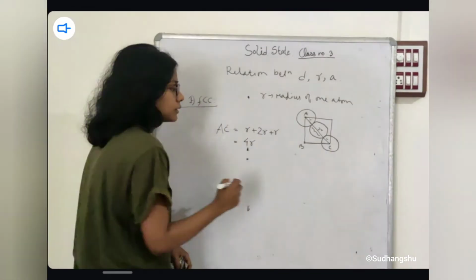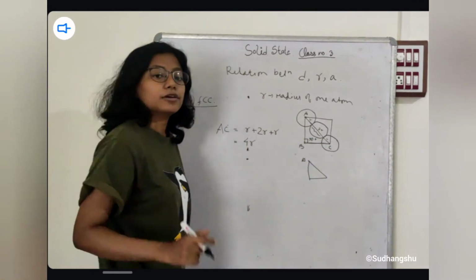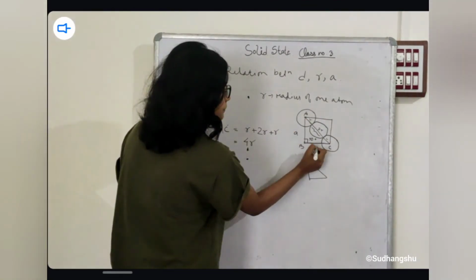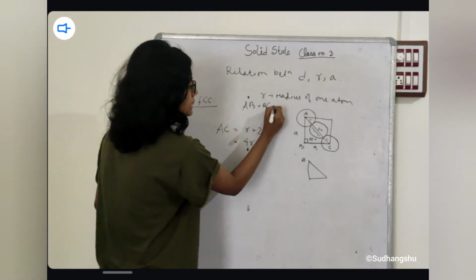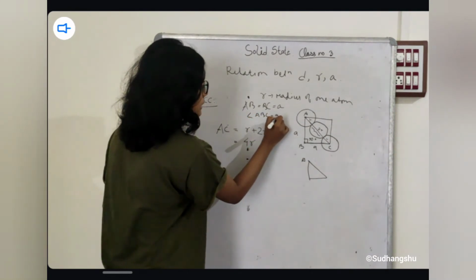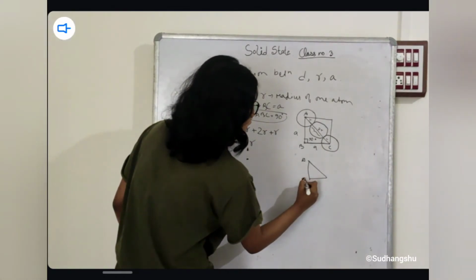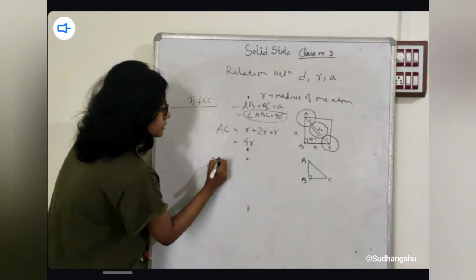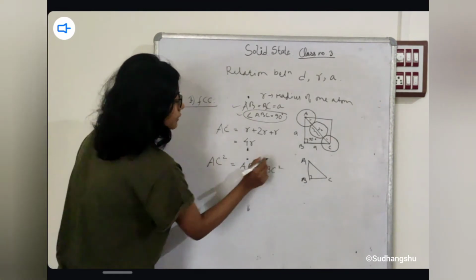Now this angle is 90 degree for cubic unit cell, this angle is 90 degree, and AB is equal to BC is equal to a, and angle ABC is 90 degree for cubic unit cell, right? So for a triangle ABC where B is 90 degree, according to Pythagoras theorem, AC square is equal to AB square plus BC square, right?